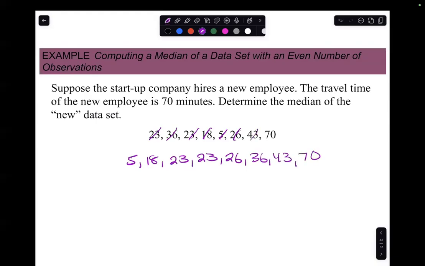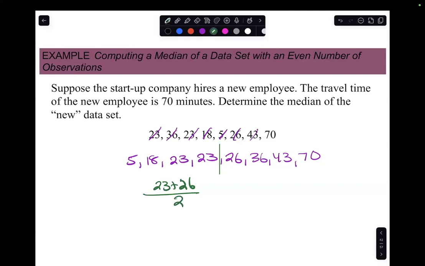Okay. So now I have an even number. The center of my data set is in here somewhere. I need to find this number that's smack dab in between those two. So I'll do 23 plus 26, that was ugly, and divide it by 2. So you just find the average of those.